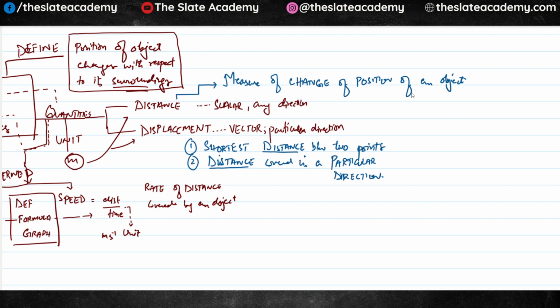And for displacement I can also say measure of change of position of an object in a particular direction. Wherever we write distance, instead I can say shortest change of position between 2 points, or change of position of an object in a particular direction. That would be displacement. Understood, sir?